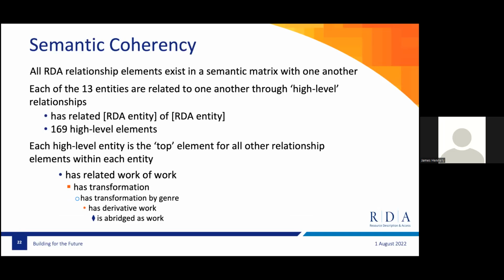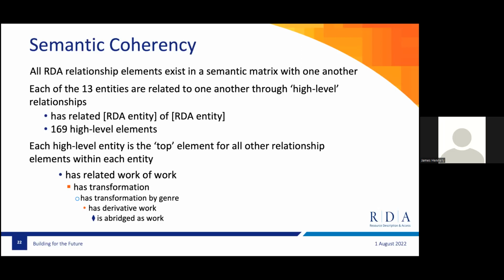Those take the form of has related RDA entity of RDA entity. So there are 169 high-level elements, that's 13 squared. Each high-level element is the top element for all other relationship elements within each entity.